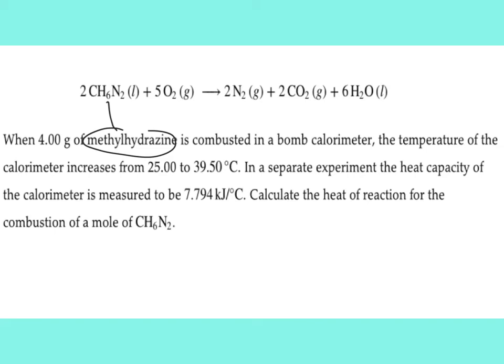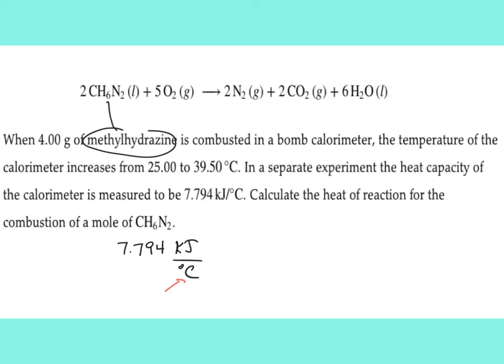and the heat capacity of the calorimeter has been determined to be 7.794 kilojoules per degree Celsius. Now notice, in this particular example, they're giving you the heat capacity of the calorimeter per Celsius. Totally fine, all right? Doesn't matter, work with the units that are given. Convert to Kelvin if you want, but there really isn't any need to.